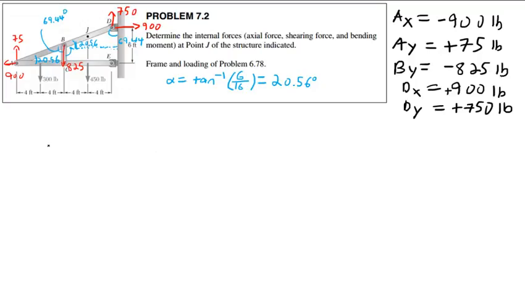So that's what I'm going to do. I'm going to draw it like so. And I'm simply going to draw all of the forces along there with their angles labeled. I'm going to draw a nice big one so you don't have any problems, and we can all be happy.